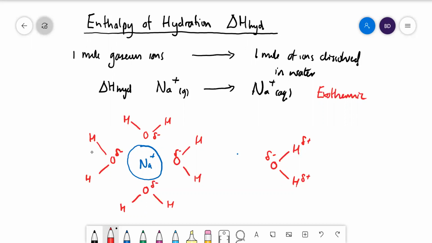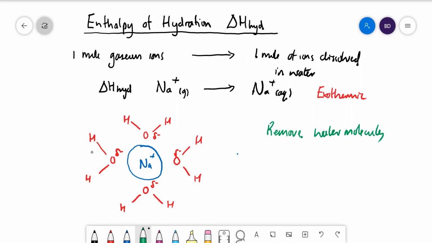Now, when the water molecules come in, you're going to get energy released. Sometimes I find that a bit hard to understand. Why would you get energy released? But if you think about the opposite, if you want to remove those water molecules, let's imagine we're removing this one. We're going to move it away. Well, it's attracted to the sodium ion, isn't it?